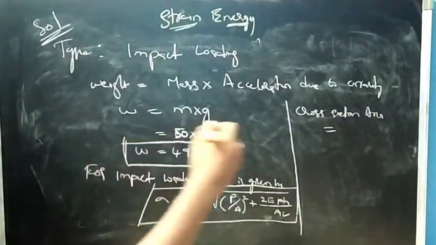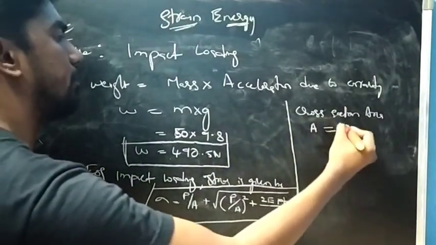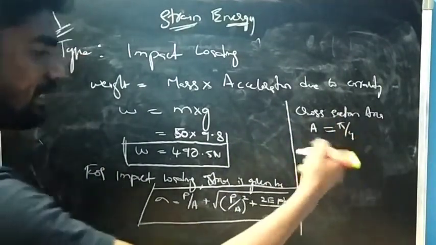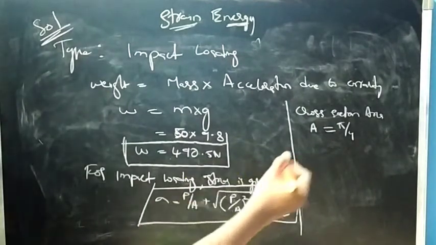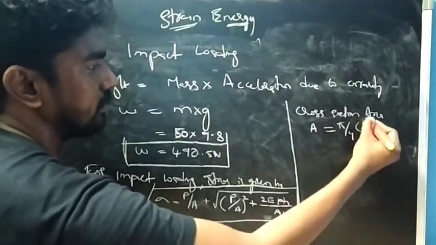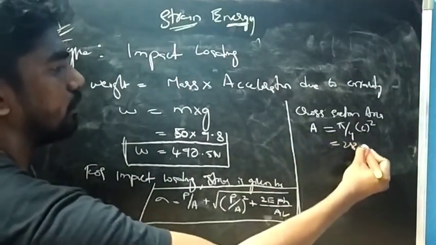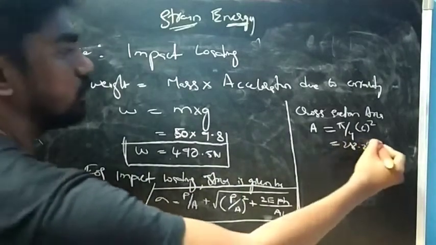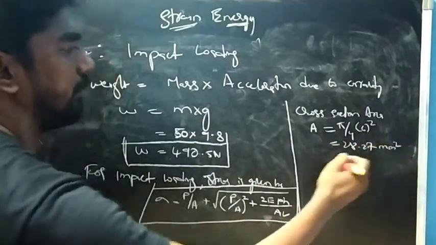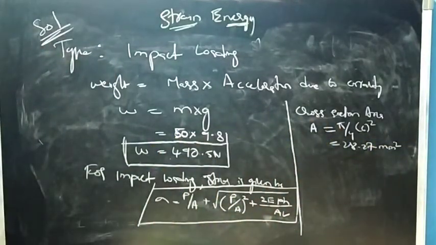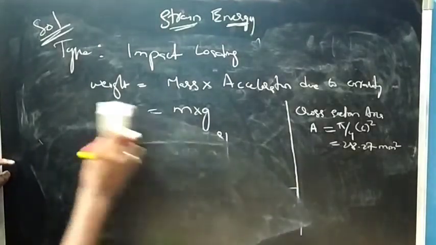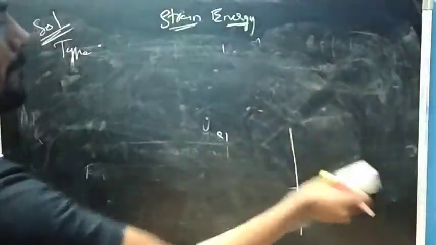So this is a circular section, so the cross section area will be pi by 4 d square. d is 6 mm, that is 6 square, so we got 28.27 mm square. Now put the values in the equation. So you got all the values, put the values in the formula.